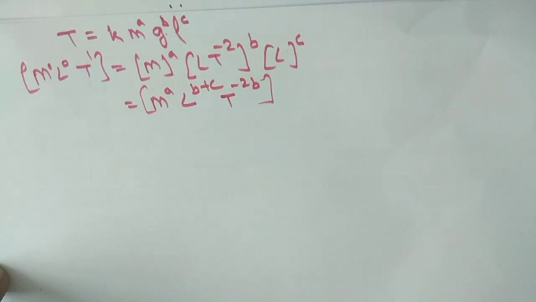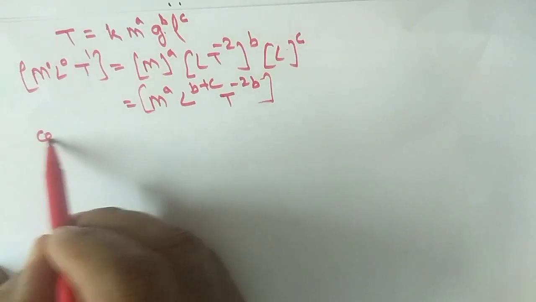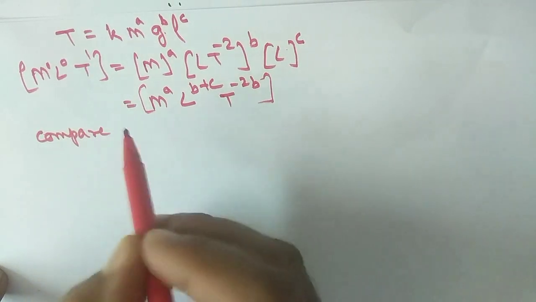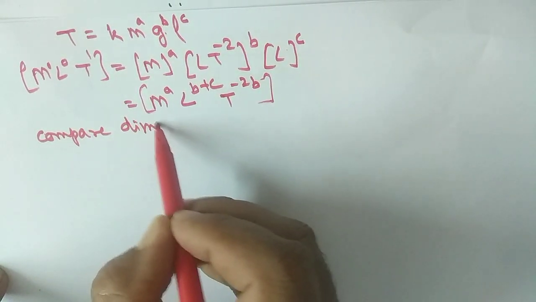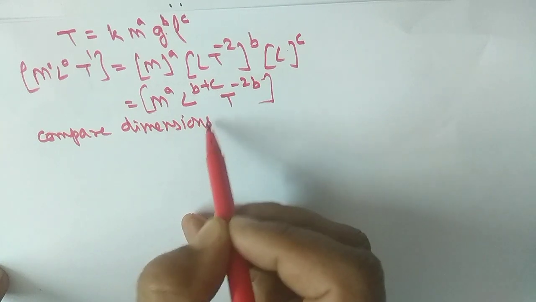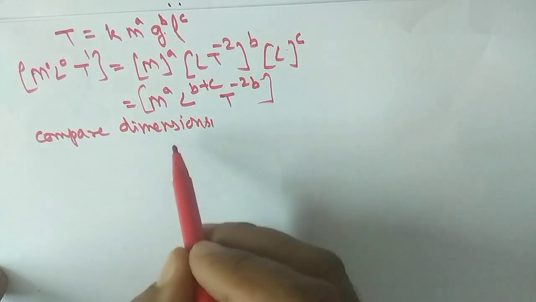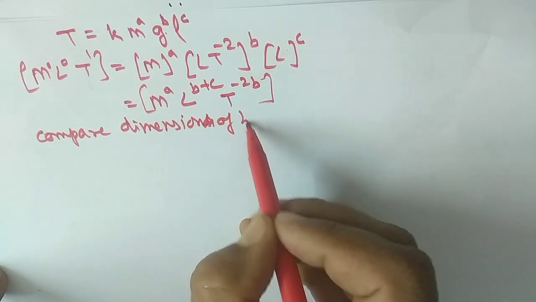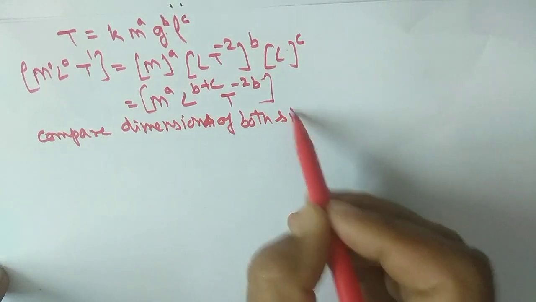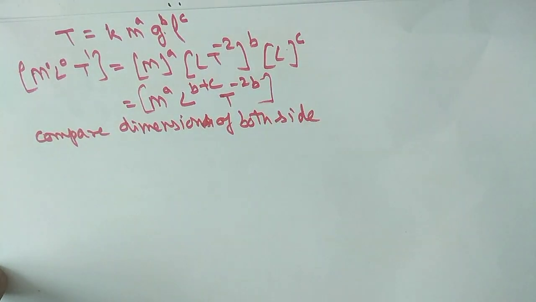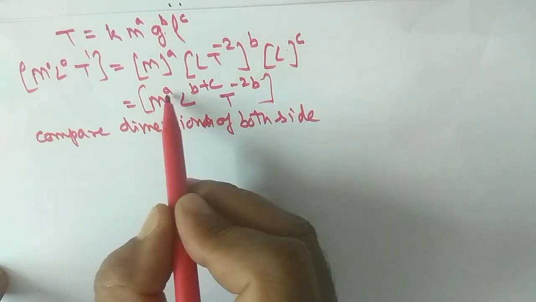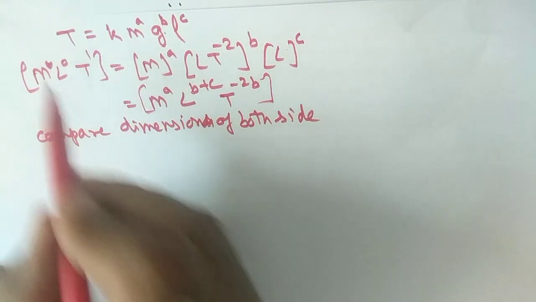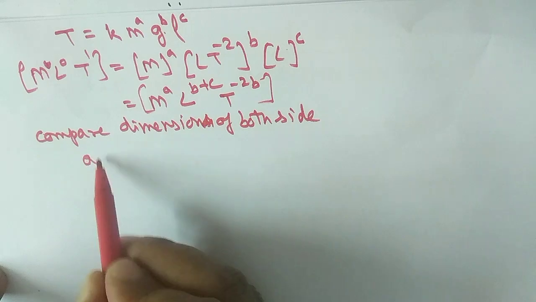Now compare the dimensions of both sides. Clear? Here the dimension of M is 0, and here it is a, so a is equal to 0.